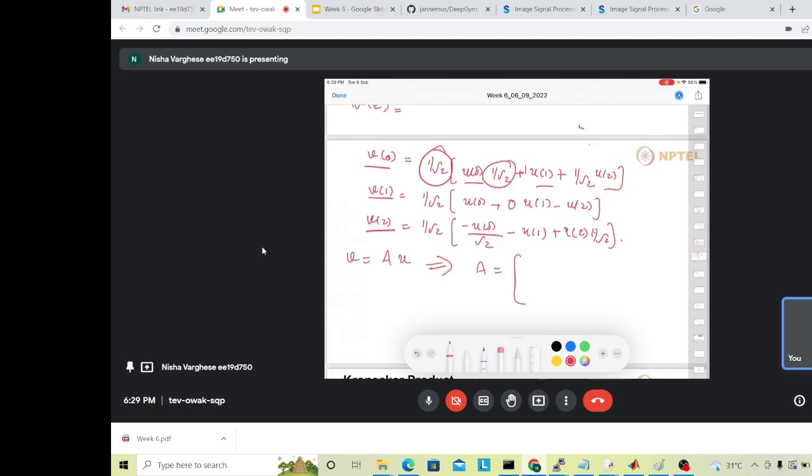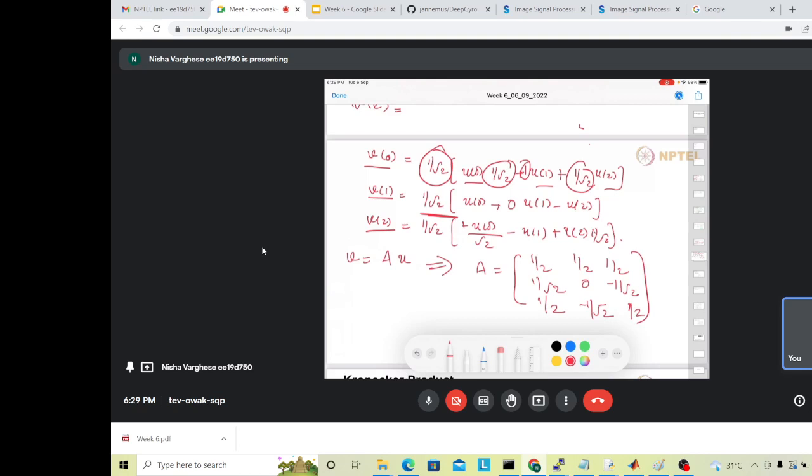So A is 1 by 2, 1 by root 2, 1 by 2; 1 by root 2, 0, minus 1 by root 2; 1 by 2, minus 1 by root 2, 1 by 2.